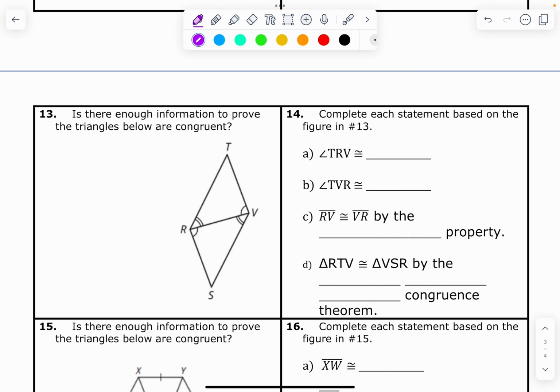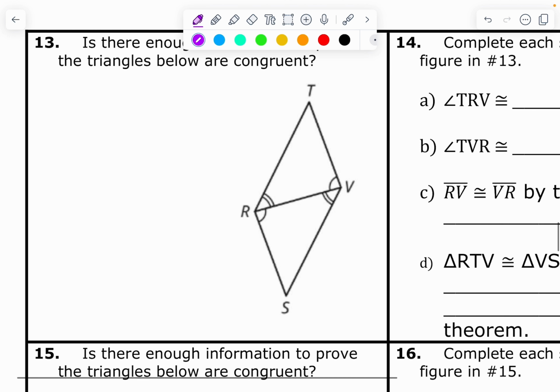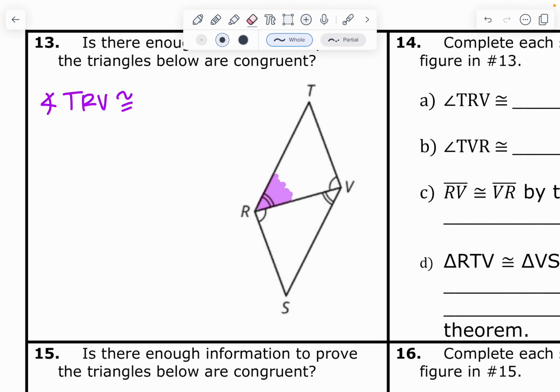Is there enough information to prove the triangles below are congruent? Yes. I know you see here that we have two angles. We have angle TRV, this angle right here, which is congruent to angle SVR, which is this angle right here.